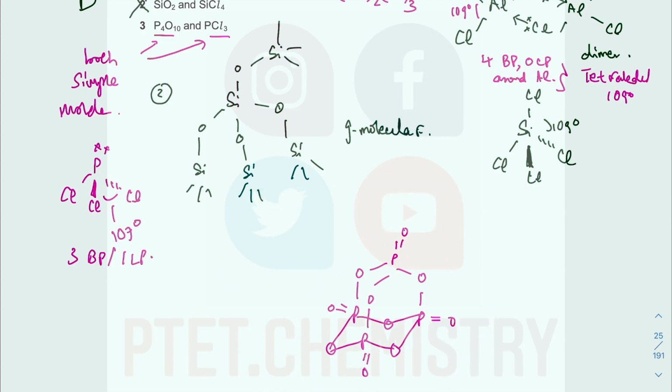Each phosphorus is bonded to 1, 2, 3, 4, 5. So this is phosphorus plus 5. This is P4O10. When you dissolve P4O10 in water, you will get H3PO4, which is also phosphorus plus 5. But again, that is something that you will learn more in topic 9.1, which is general periodicity.